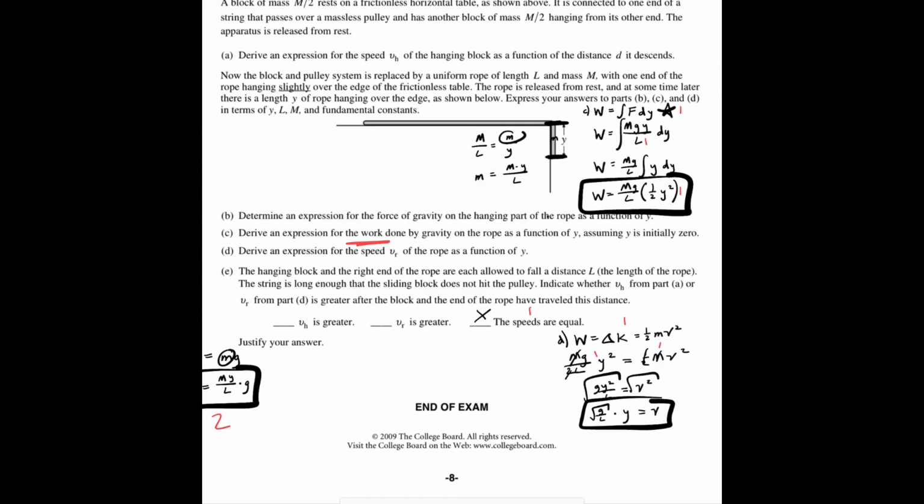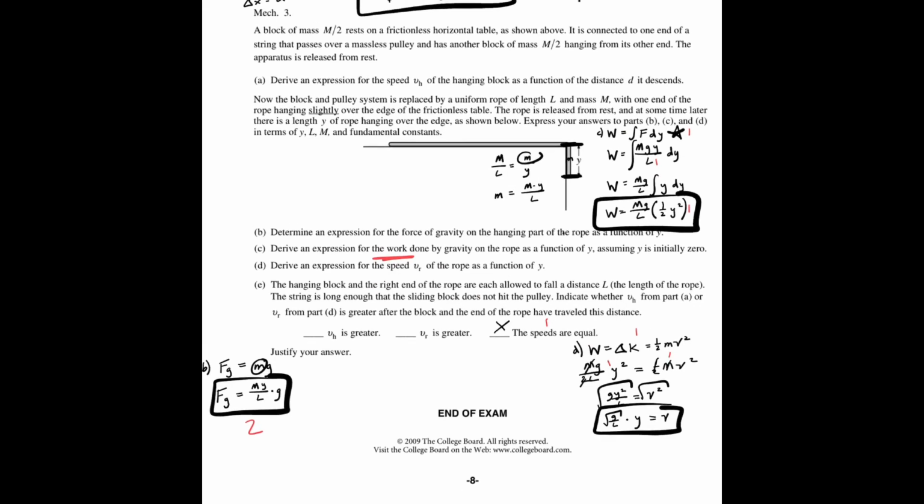Well, you could try to reason through this. I like to think about things mathematically. All right, so we have two expressions here. We've got an expression for v from the original problem, which is that vh is equal to radical gd. And we have an expression from this problem, vr, which is that v is equal to radical g over L times y.